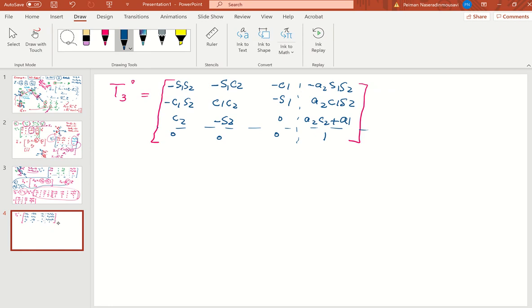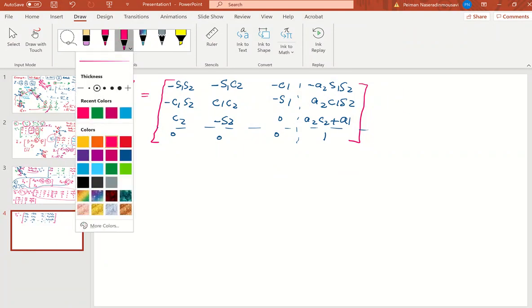Here we got plus A2 cosine 1 S2, 0, 0, and 0. So 0, cosine theta 2, 0, 0, minus sine theta 2, 0, 0, 0, 0, 0, A2 cosine theta 2 plus A1. So we got that. Now it is very easy.